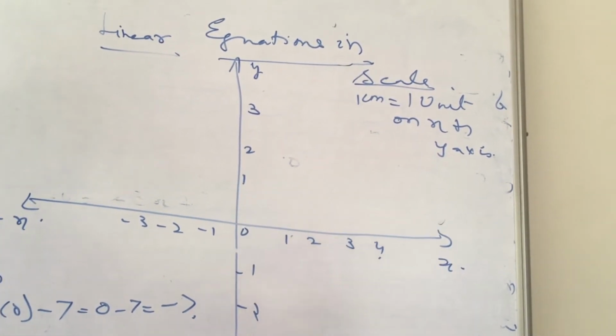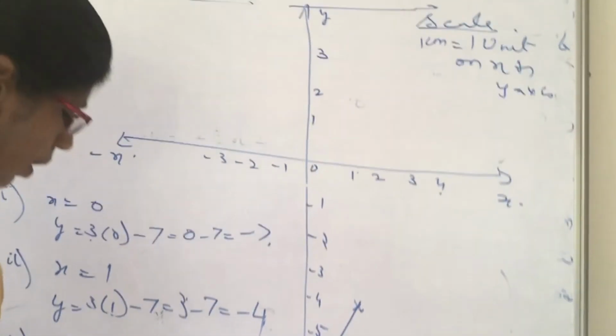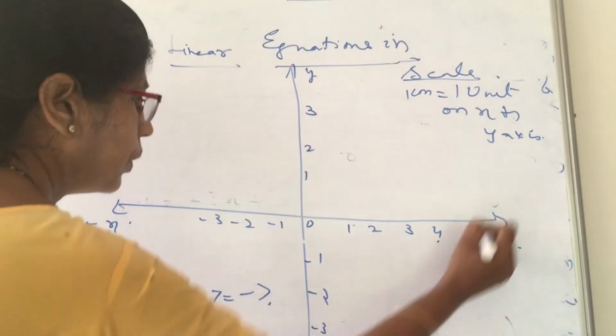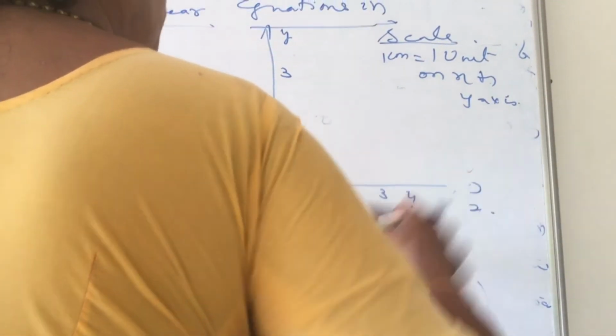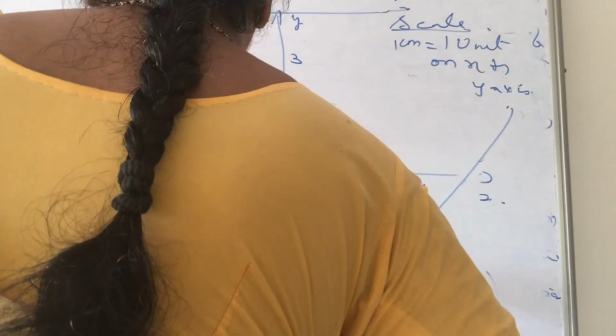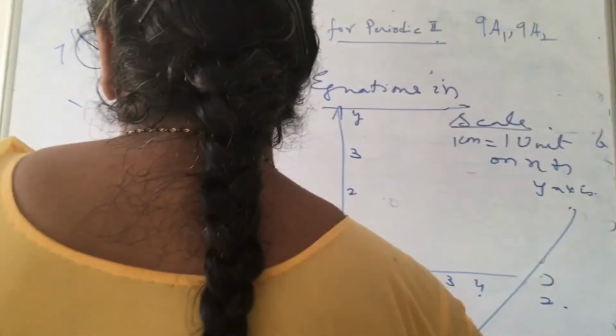I have been telling you the graph of a linear equation is always a straight line. If you do not get a straight line, children, it is understood that your values are wrong, and please check once again. So write the equation on the line. What is the equation on the line?